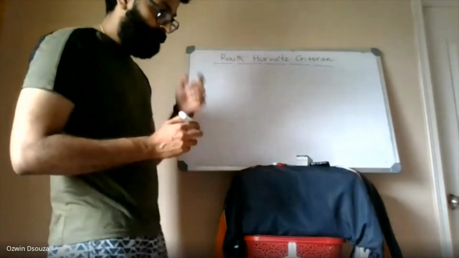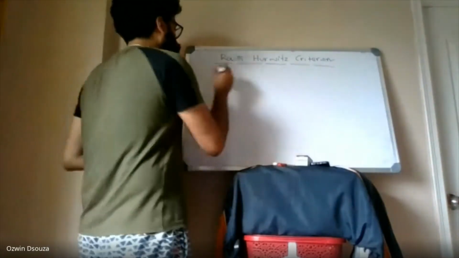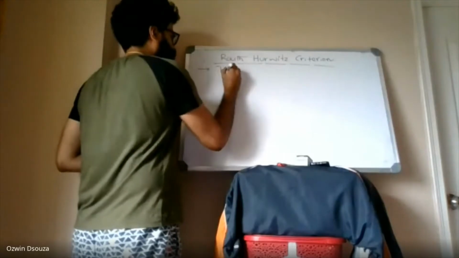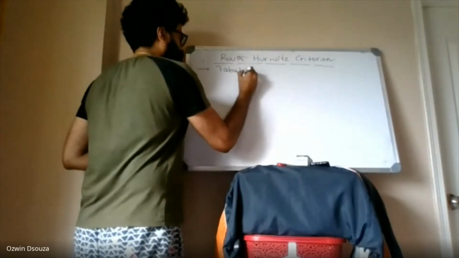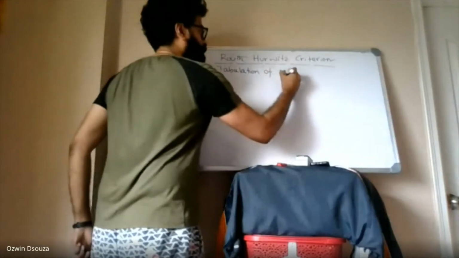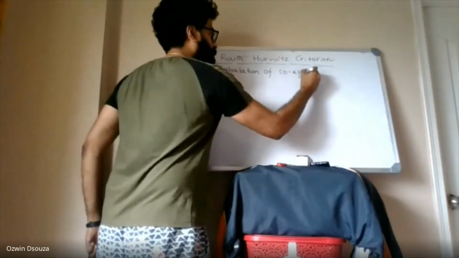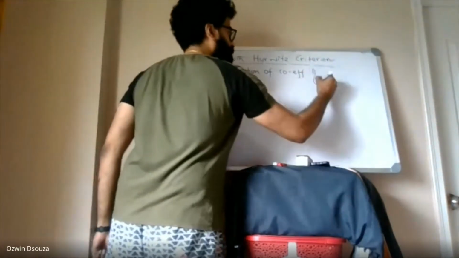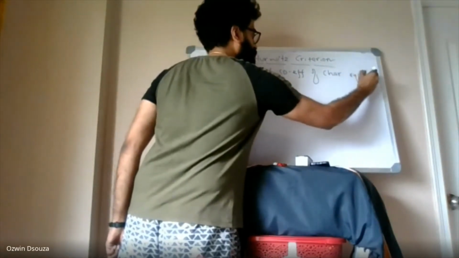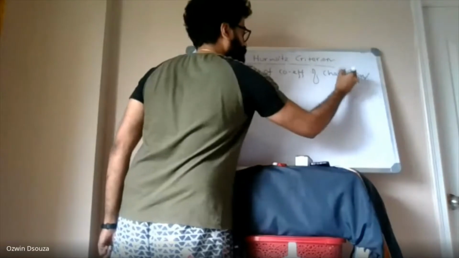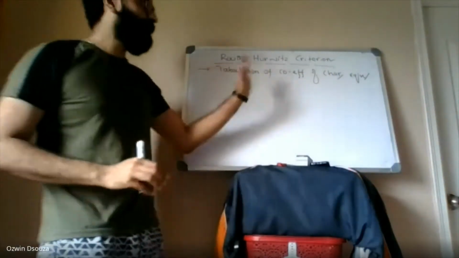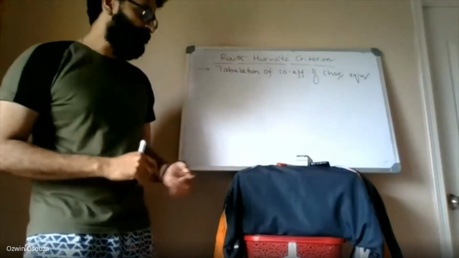Okay, so Routh-Hurwitz criteria is based on tabulation of coefficients of the characteristic equation.